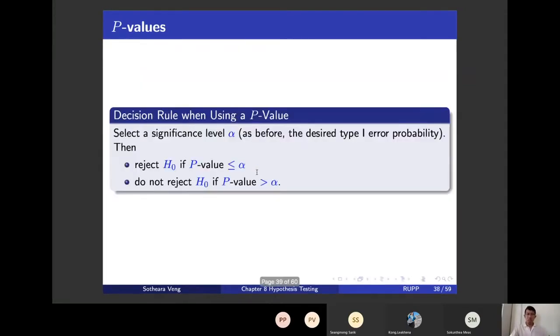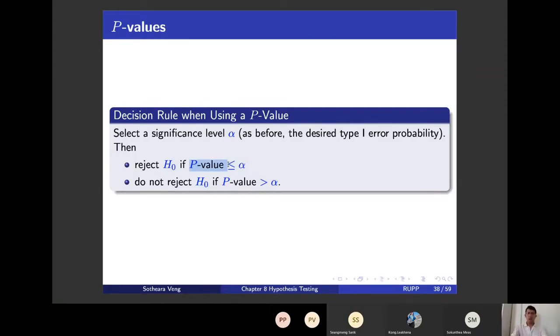So, how to decide based on the p-value? As I said, you have to reject the null hypothesis if the p-value is less than the significance level. Otherwise, you do not reject the null hypothesis. Just like I explained a while ago, this is how you can reject or not reject the null hypothesis, depending on the p-value.